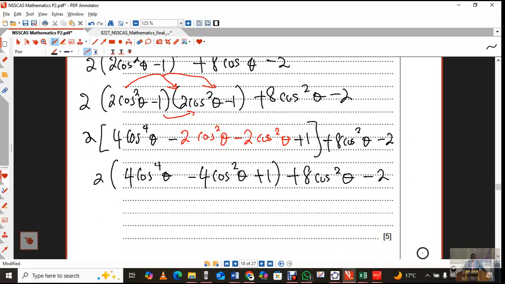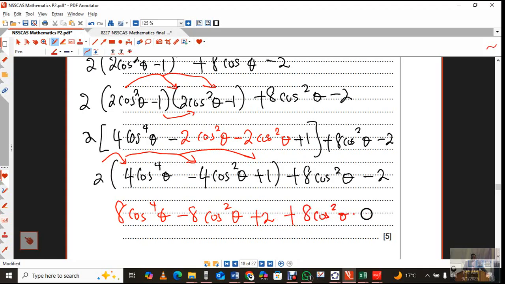Right, let's distribute over that 2 over there. Let's multiply out by the 2. That is 8 cos 4 theta minus 8 cos square theta plus 2 plus 8 cos square theta minus 2.